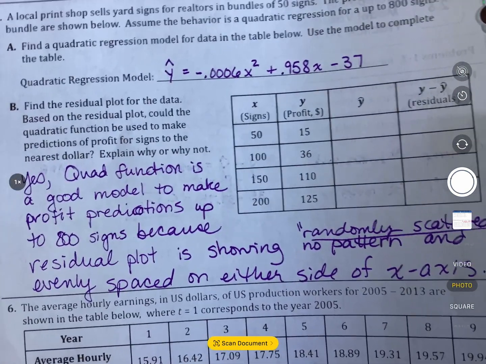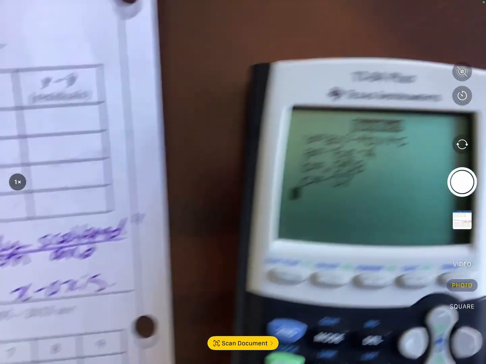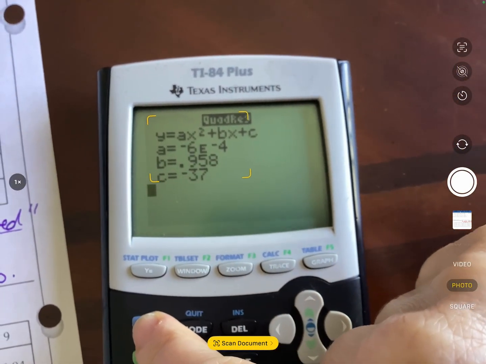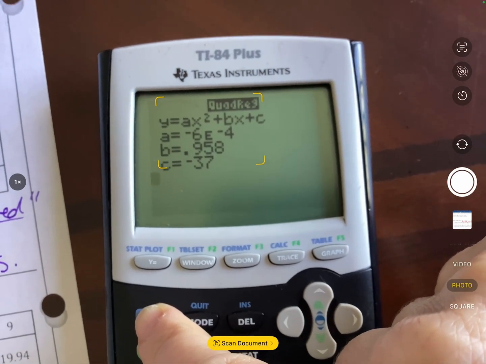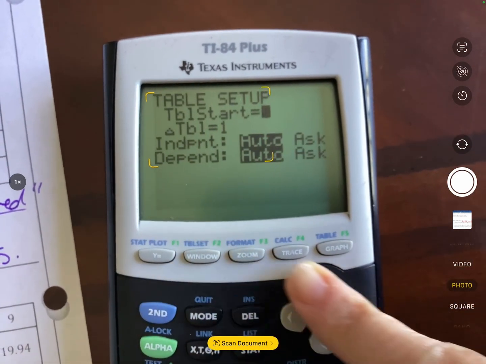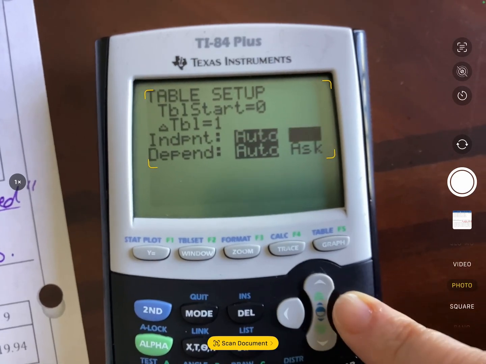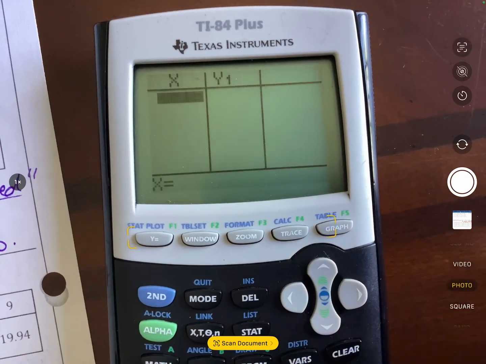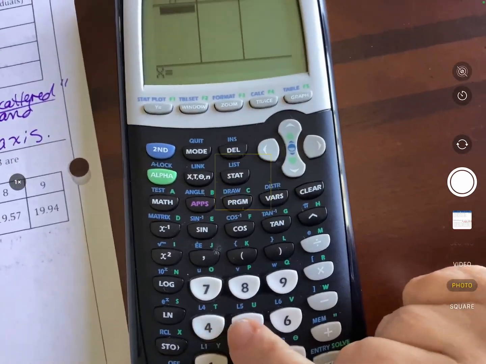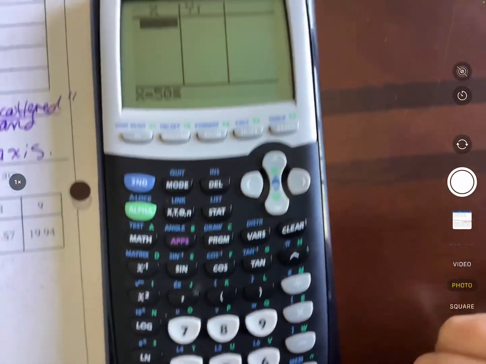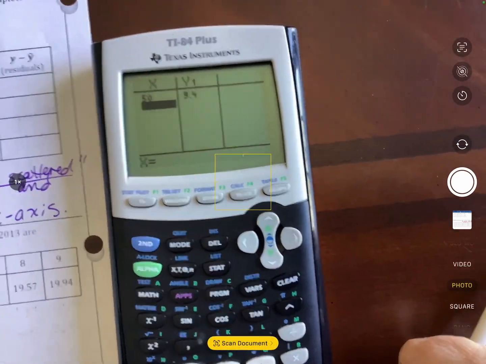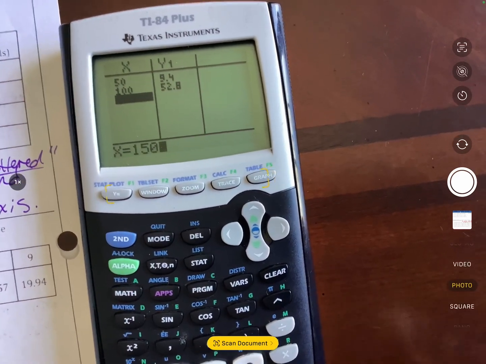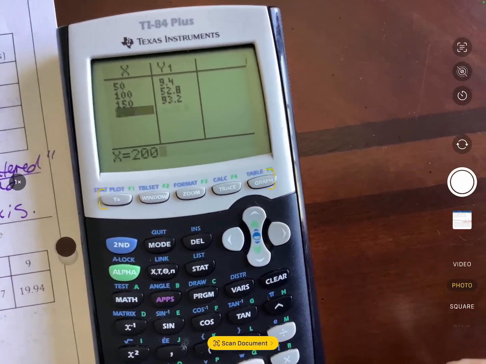All right, so now if you wanted to fill in the chart, you're just going to your table. So we're starting at 50, so let's do it like this. Let's go down to ask. And then second table, and we're just plugging in the numbers. So 50, 100, 150, and 200.